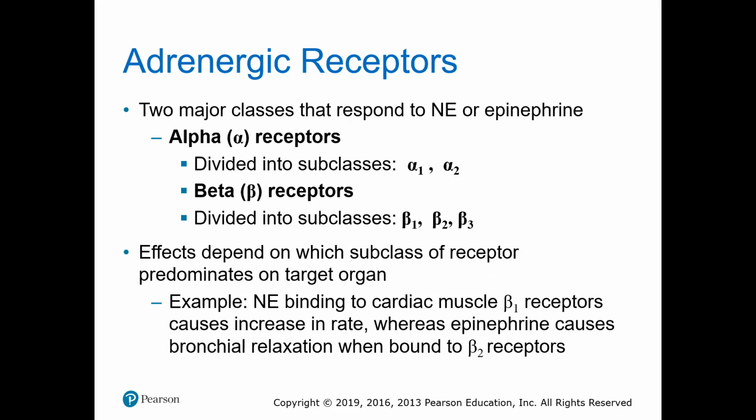Beta-1 receptors cause an excitatory response in the heart. Norepinephrine in the heart causes the heart rate to go up because it hits beta-1 receptors. But if we hit the airway, norepinephrine there lands on beta-2 receptors, which causes the airway to dilate.